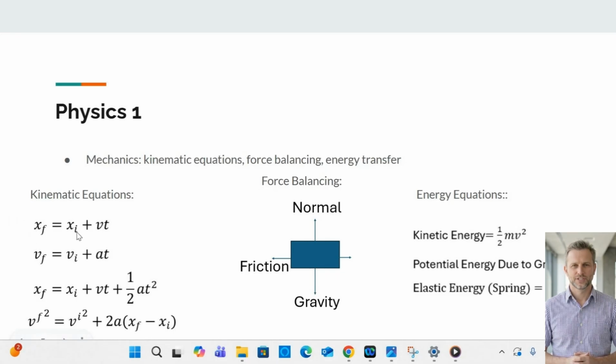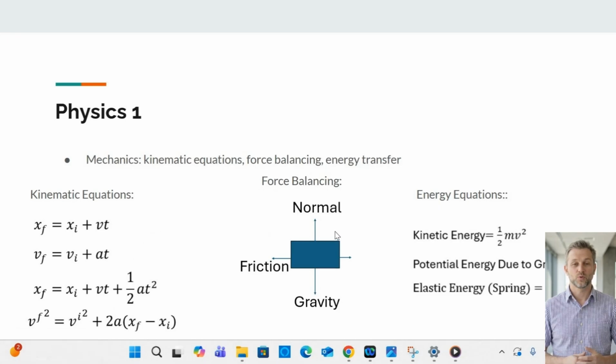The final position equals the initial position plus the velocity times time. Or the final velocity equals the initial velocity plus acceleration times time. And you use some of these equations together in order to determine an object's final velocity or an object's final position, if you just use one of them or use multiple of them in conjunction.